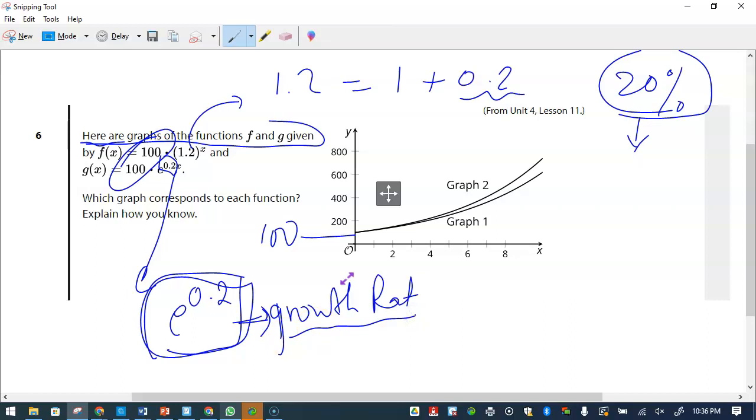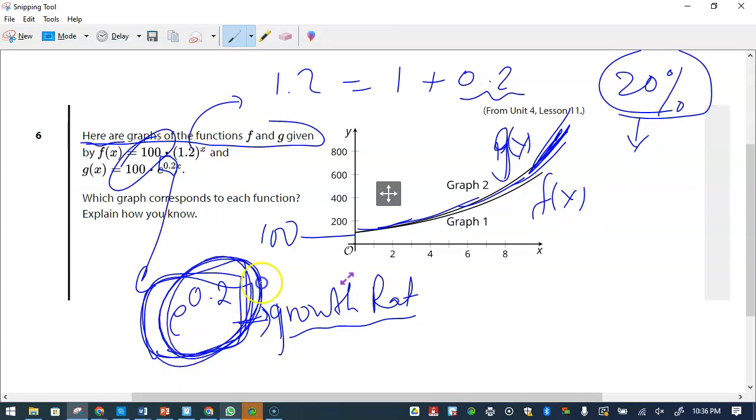So that means it has to be this one, the one which rises. So this is g of x, and this becomes f of x. Because this is the growth factor, but the first one, the growth factor is 1.2, and this is going to become a bigger number.